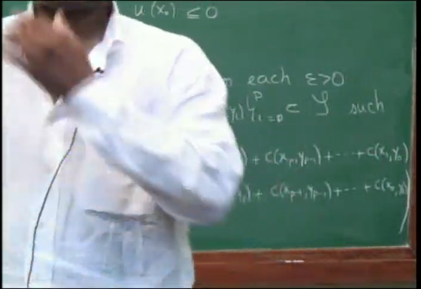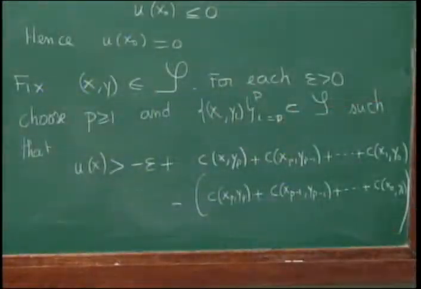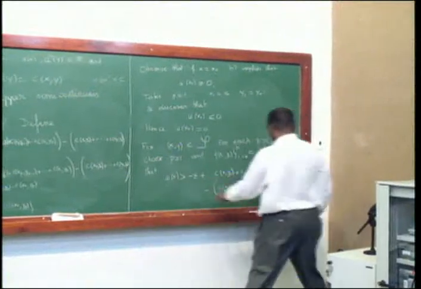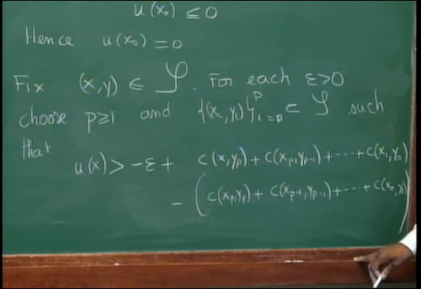Okay. So my functional is defined as an infimum over a certain set. I can take a minimizing sequence in that set. And I'll have that U is close to this value up to an error epsilon.